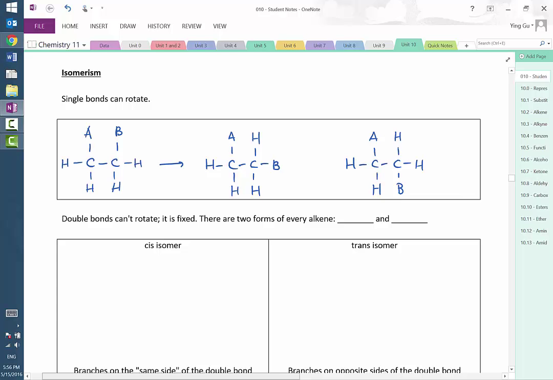And this is because single bonds are flexible, they're quite long, and they can rotate.